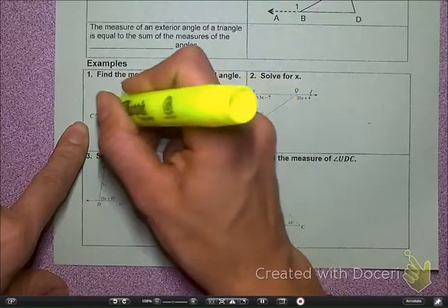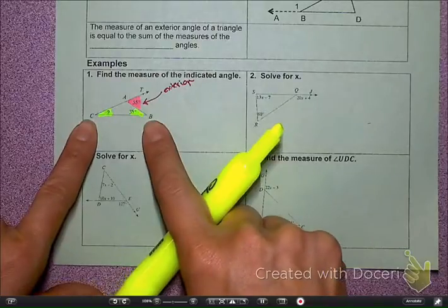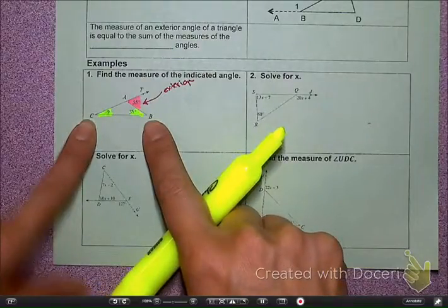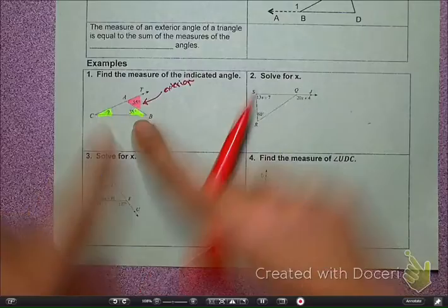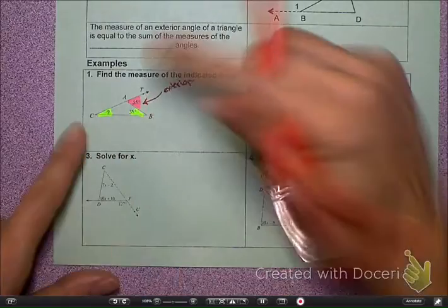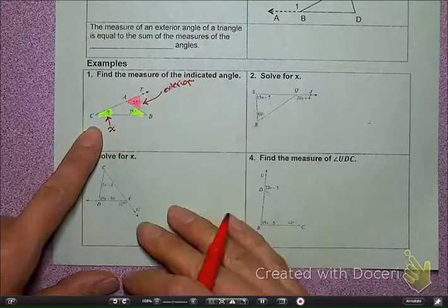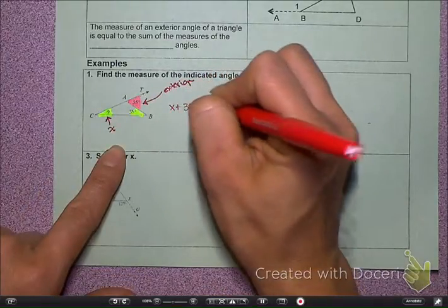These two are going to be considered your remote interior angles because they are not sharing a vertex with A. Okay? Now, the theorem we learned said that these two add up to make the outside one, right? So let's call this one, since we don't know it, let's call it X. So X plus 35 equals 55.